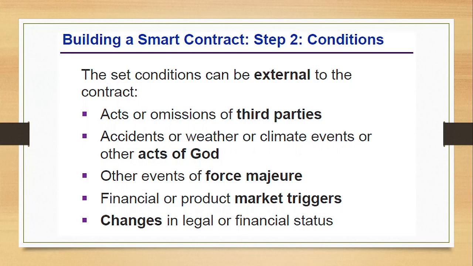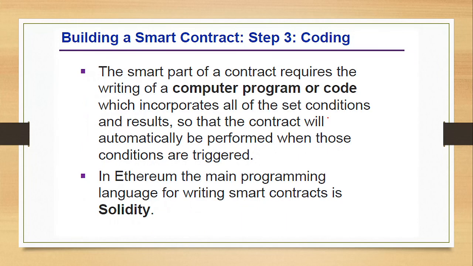Financial triggers, like market movement. You know how the economic trends normally affect how things are. Changes in legal and financial status, right? And of course, third parties might omit some information, either willingly or unwillingly. Step three is now when we code, right?